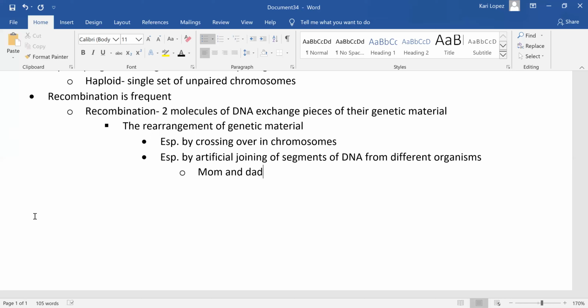Yeah, like your mom and dad can be different organisms. And then it can also be written like two molecules of DNA exchange portions of their genetic material or pieces. The whole point being there's a swap going on.